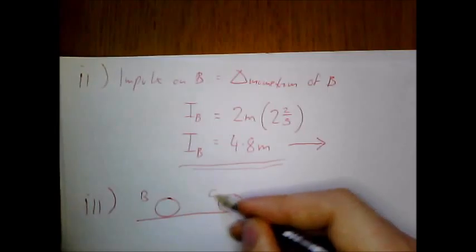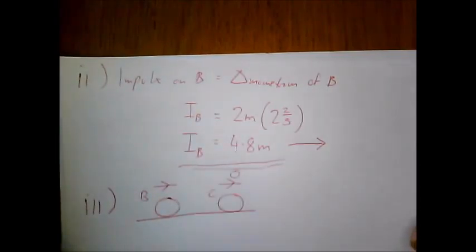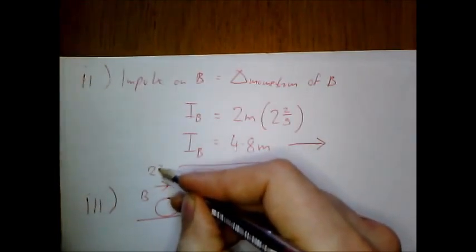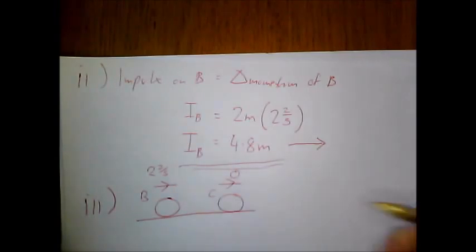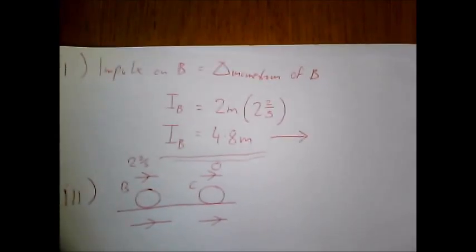Sphere B and sphere C, which wasn't moving. Just before the collision B was travelling at 2 2/5 meters per second, and after the collision B travels at 1 meter per second and C travels at 2.8 meters per second.